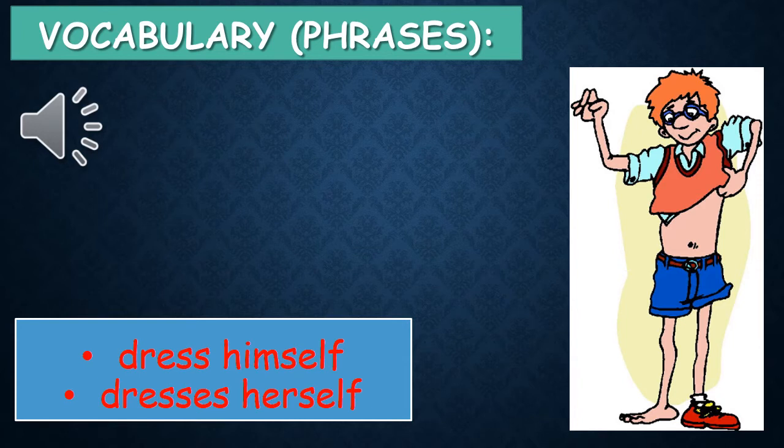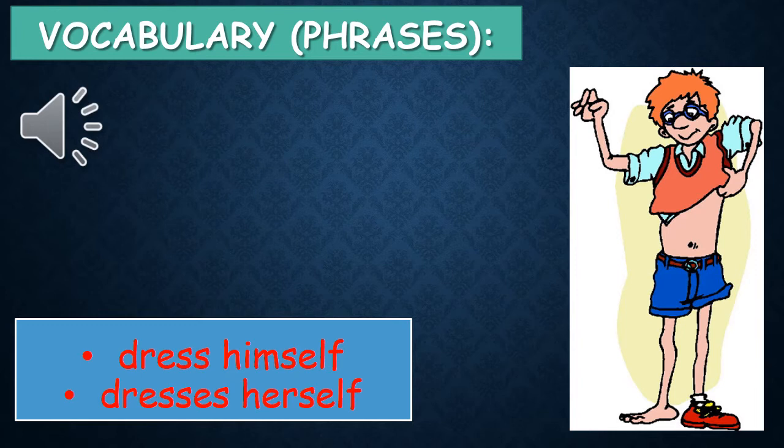Let's practice the next 2. Dress himself. Or if we're speaking in the present simple tense, we will say dresses. Number 2, dresses herself. This can work for both. Dress himself, dress herself.